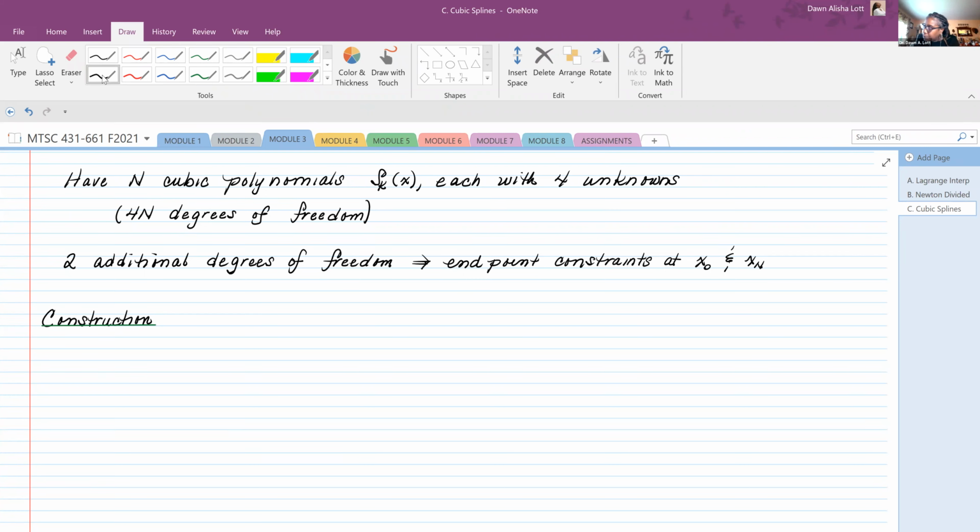All right, S of x is piecewise cubic. So therefore, the second derivative of S is piecewise linear.